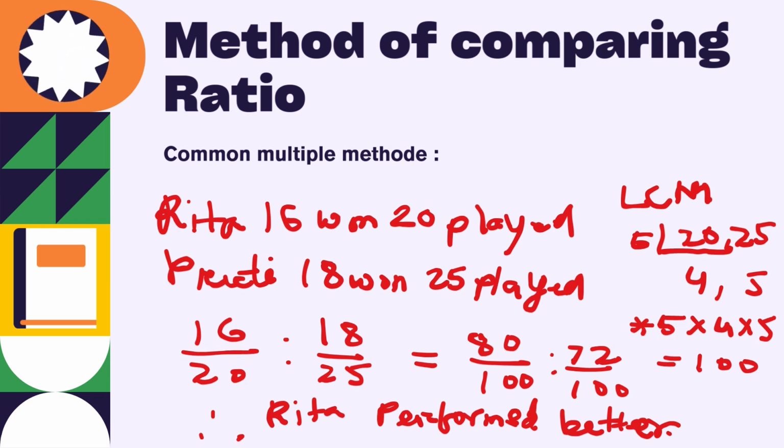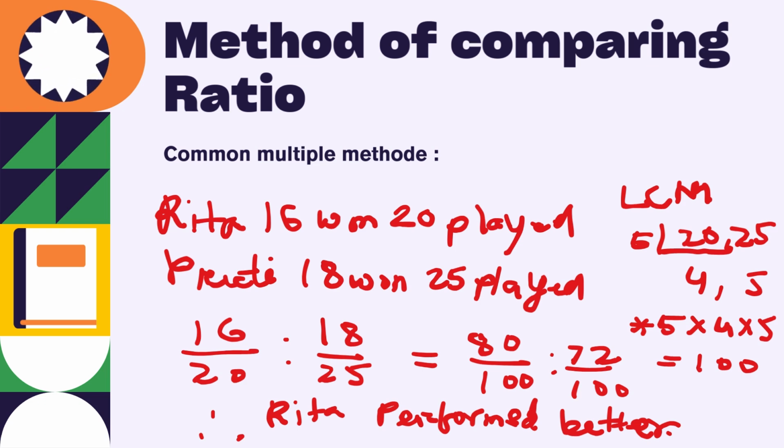Tell me which of these performed better in winning games during the session. For finding this, we first find a common multiple. In fact, the lowest common multiple, LCM, of 20 and 25 is 100.